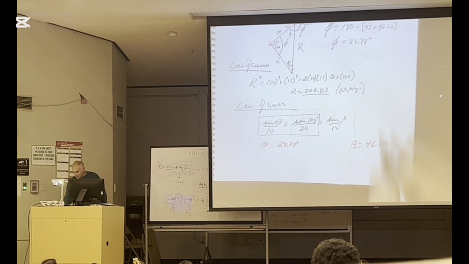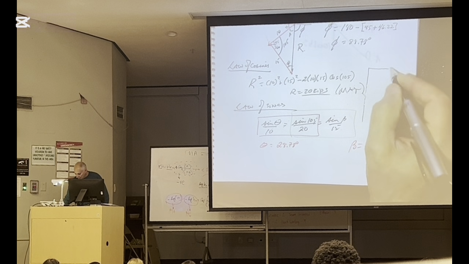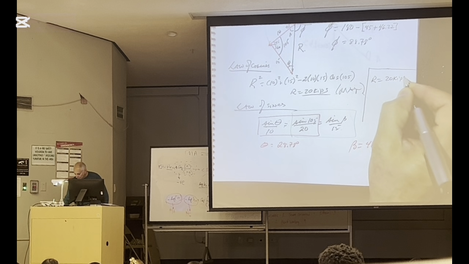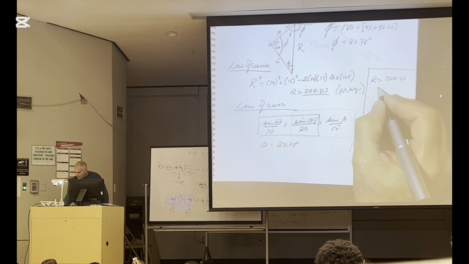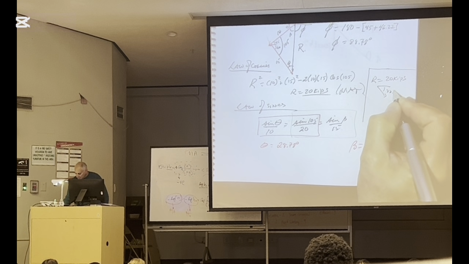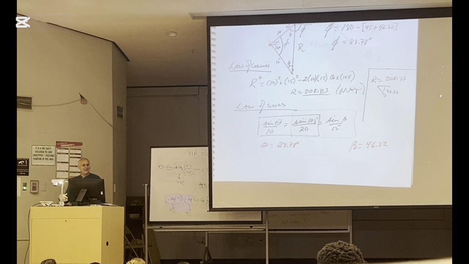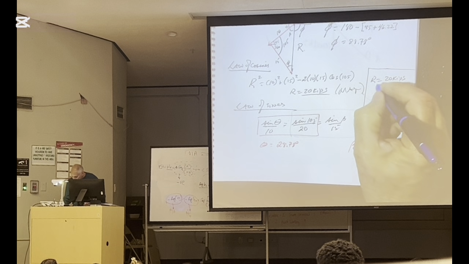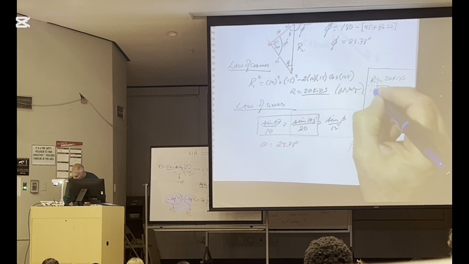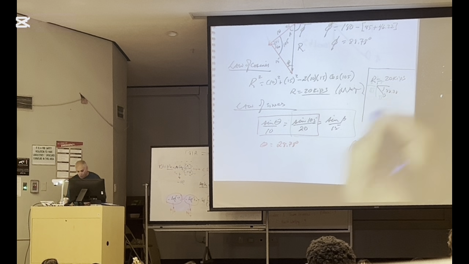So my answer is: resultant is 20 kips, and the direction is given as 88.78, in essence in the fourth quadrant. If I look at this as quadrant 1, quadrant 2, quadrant 3, this is quadrant 4.